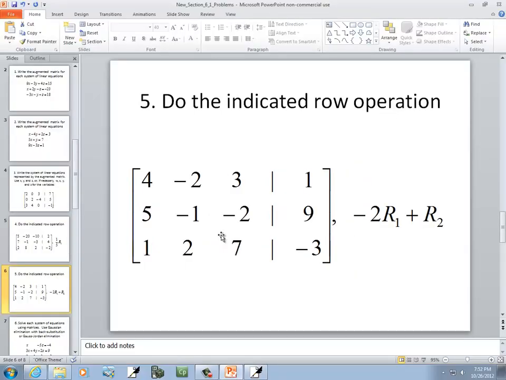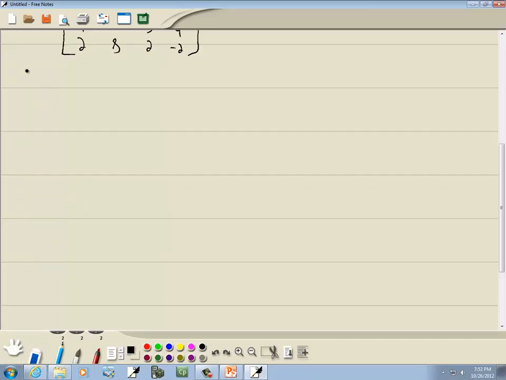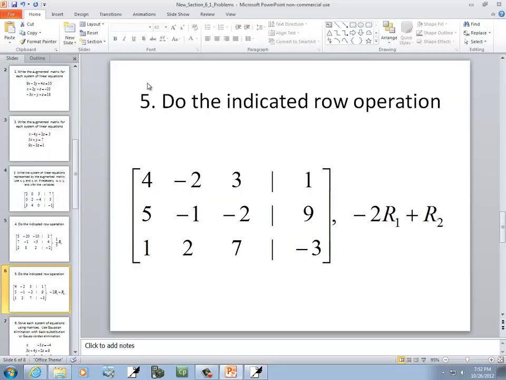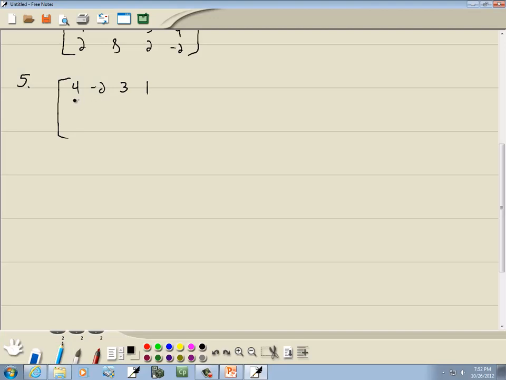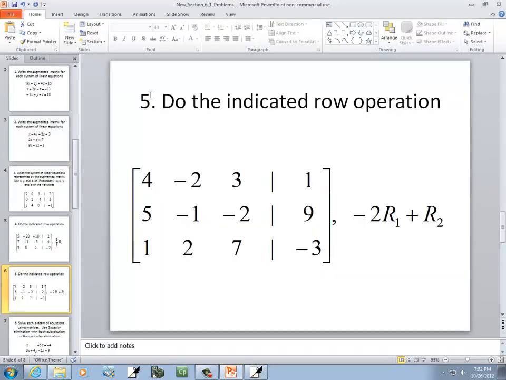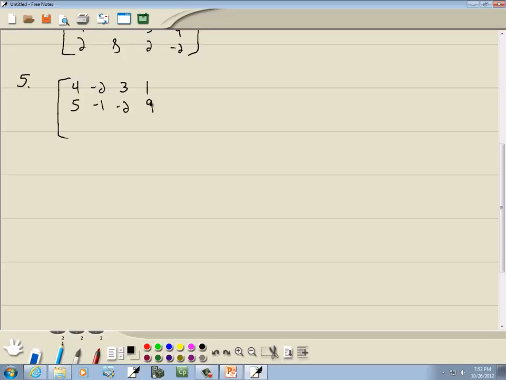Let's take a look at another row operation. We got 4, negative 2, 3, 1, 5, negative 1, negative 2, 9, 1, 2, 7, and negative 3.